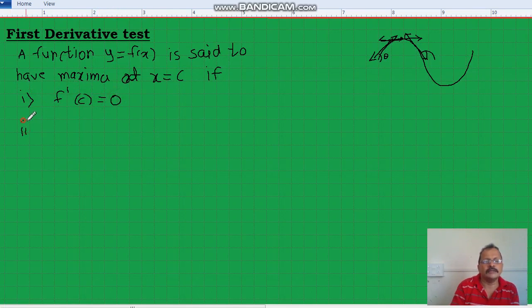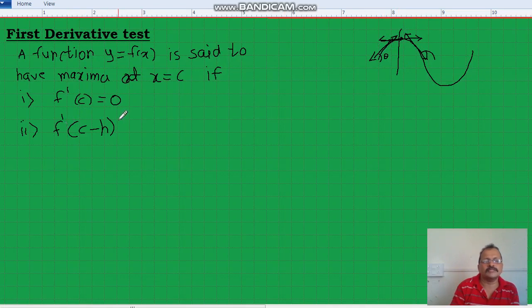Second condition, f dash c minus h. h is a small quantity. So when you take c minus h, it is towards the left side of this point c, and towards left we want the function to be increasing.